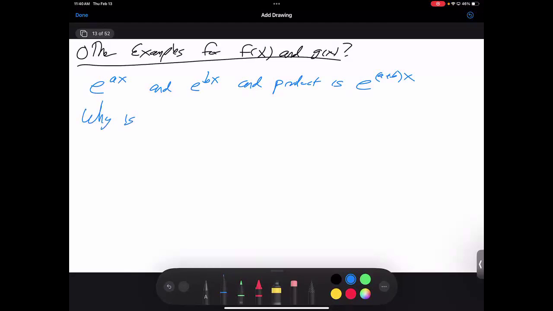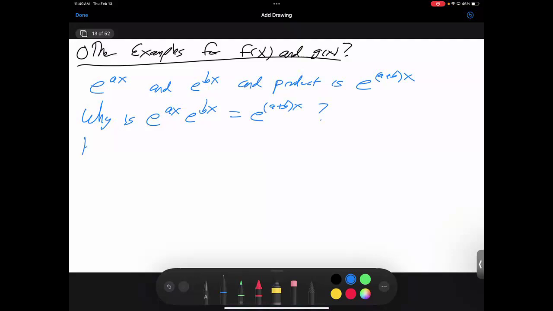So why is e to the ax times e to the bx equal to e to the (a plus b)x? Okay, I agree with you that that's how exponents work, but this is not a question about exponents.